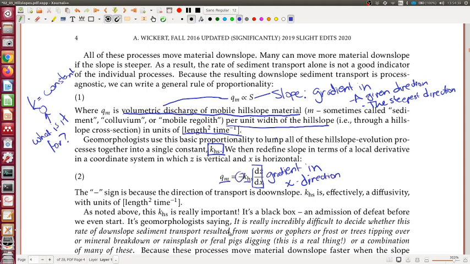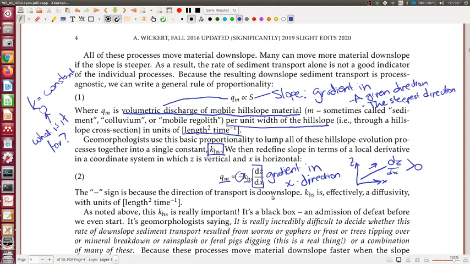The reason I have this minus sign is because dz dx, if a hill slope is going this way, and we have x over here and z over here, then dz over dx is greater than 0. And so if we were going with a positive sign, that would actually move hill slope material uphill. And so what we have to say is no, we want to move material downhill. So we put that minus sign there.